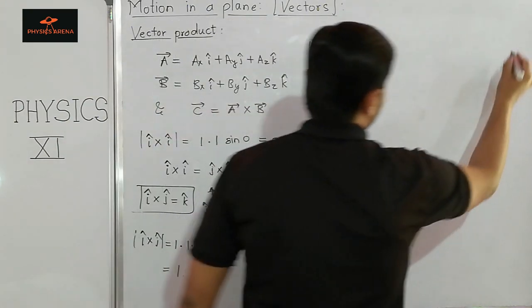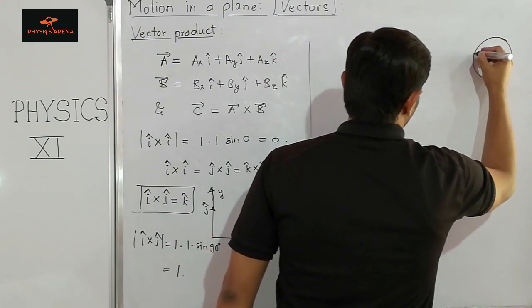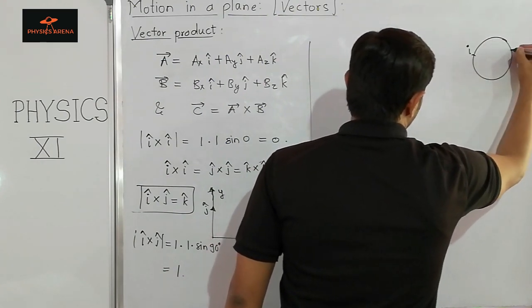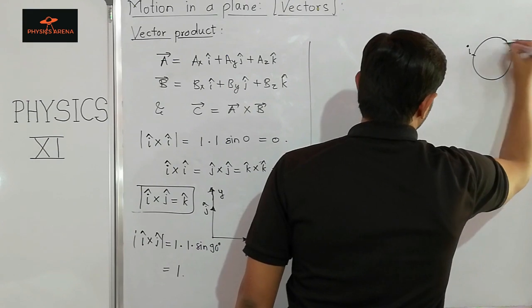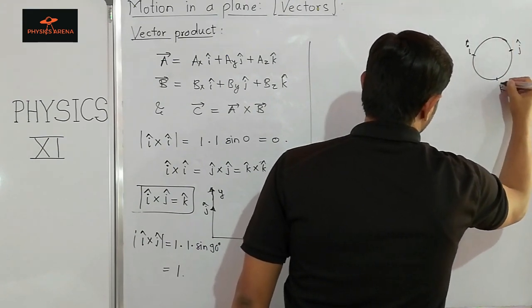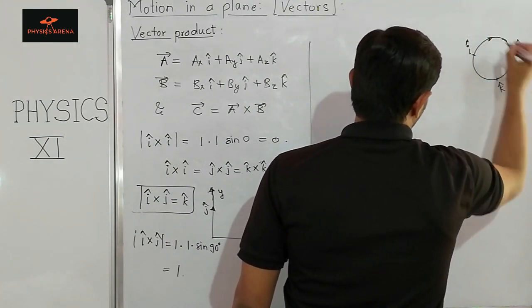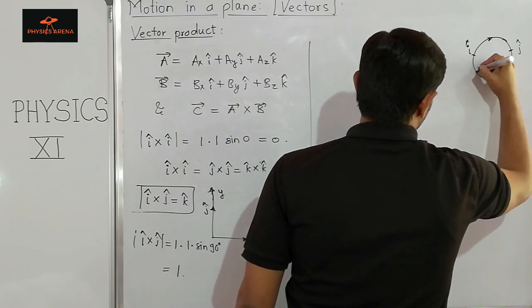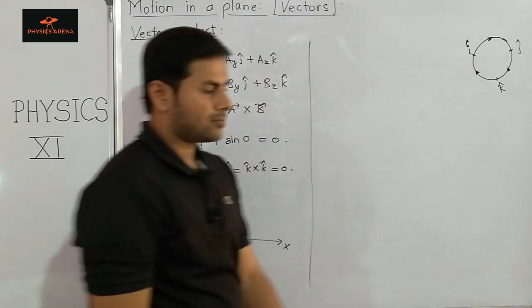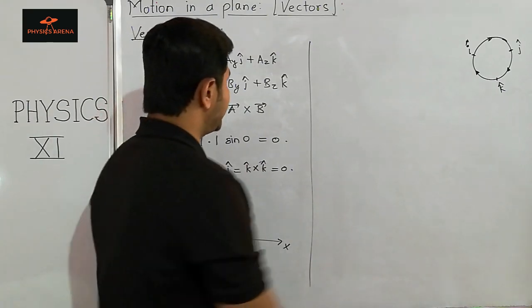So let me just draw it here. This is my i, j, and k, and these are the arrows. Now let's do the multiplication.